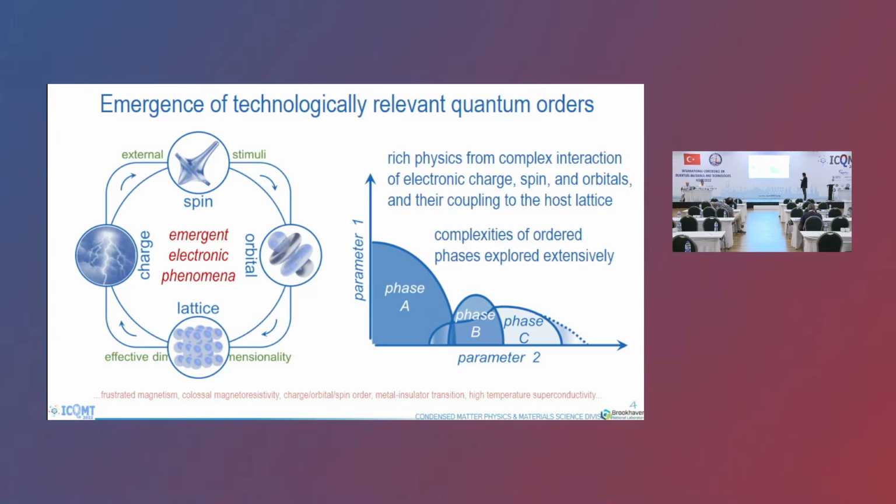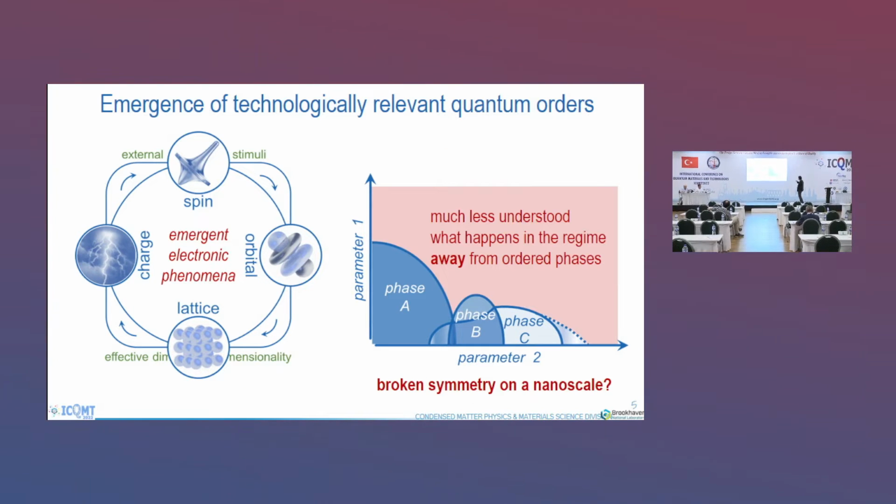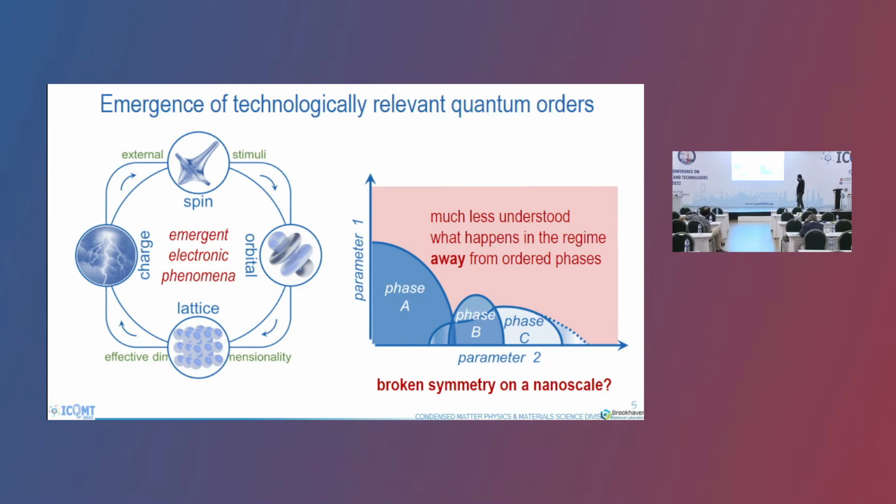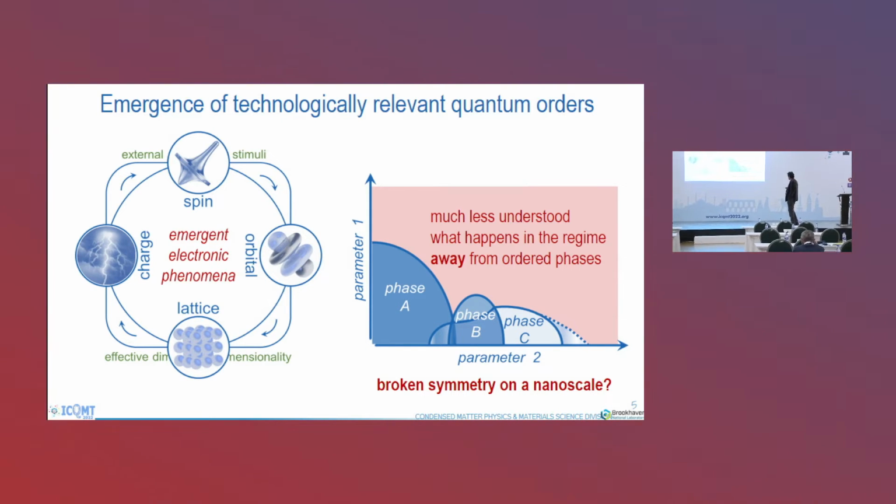In many materials, complexities of ordered states at low temperature are explored extensively, but much less is known of what happens in the temperature phase space away from the ordered regimes. We are particularly concerned about whether there is actually nanoscale symmetry breaking in this regime.